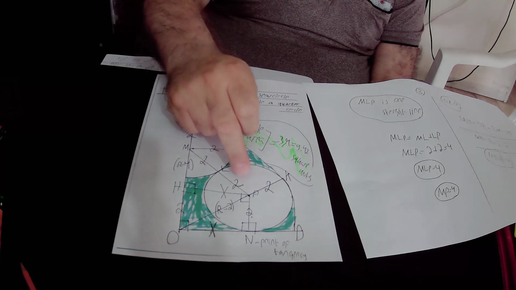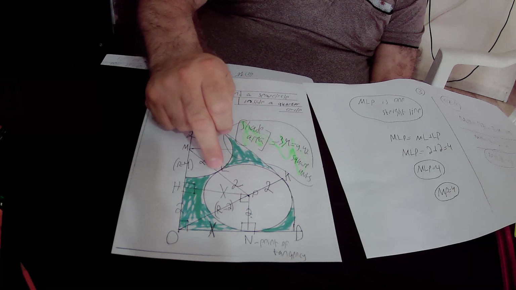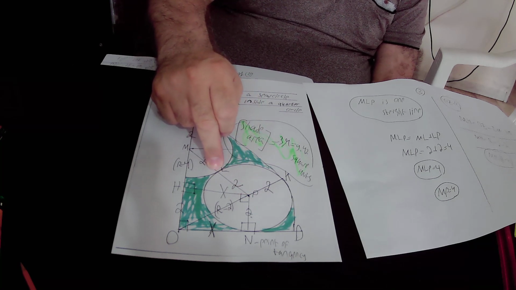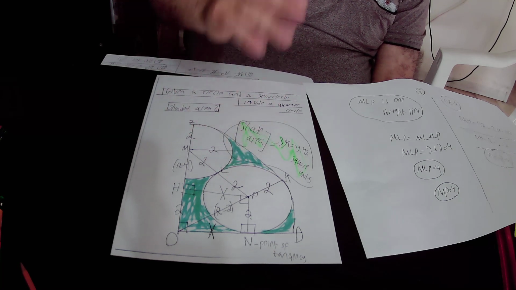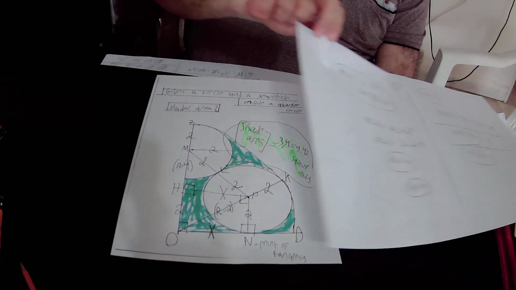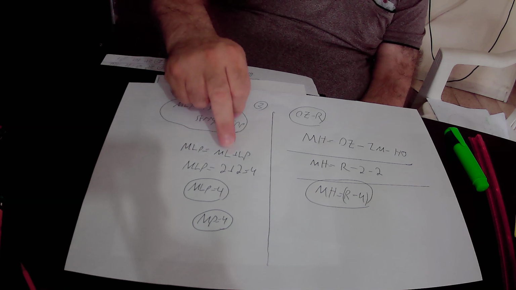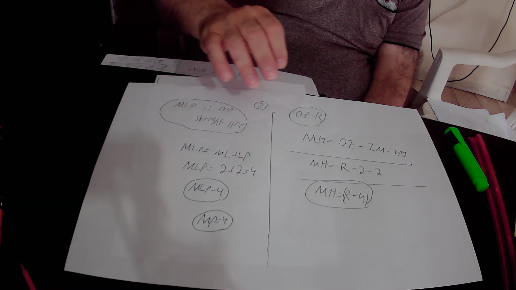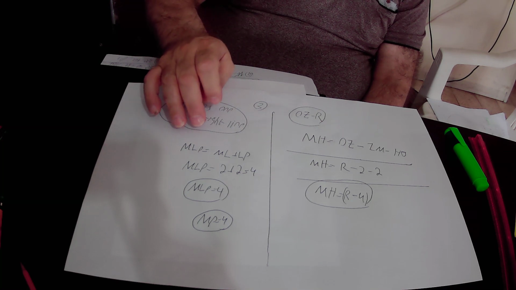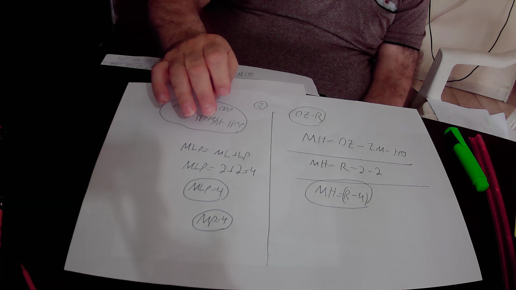Point P is the center of the circle and point L is on the circle itself, so PL is the radius of the circle, also equal to 2 units. They are both radii of the semicircle and the circle.